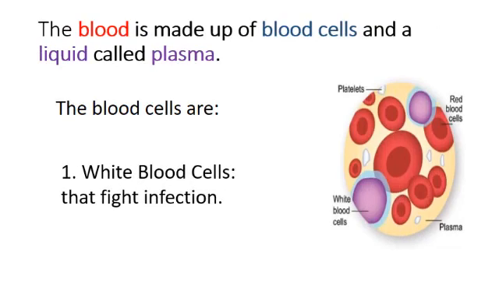Let's start now talking about the blood and its components. The blood is made up of blood cells and a liquid called plasma. The blood cells are white blood cells that fight infection, since white blood cells are responsible to protect our body against microbes, bacteria, and viruses.